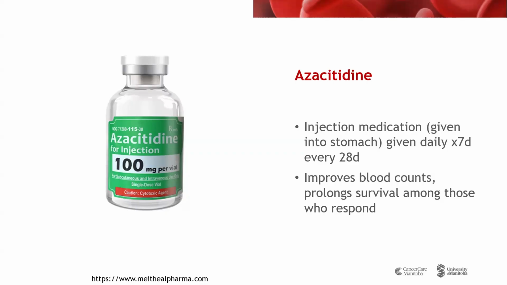The benefits of this medication are that if we can get people through the initial few months of therapy, the goals are to try and improve the functioning of the bone marrow, which hopefully means that the blood counts are improved and hopefully means the patients have been able to get off of blood transfusions. The downsides of this medication are that we tend to make things a little bit worse before we make things better.